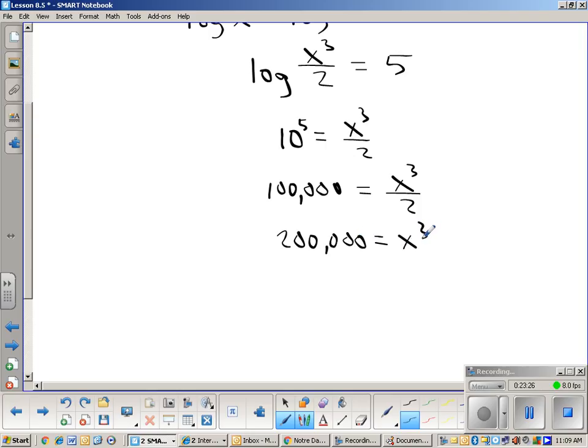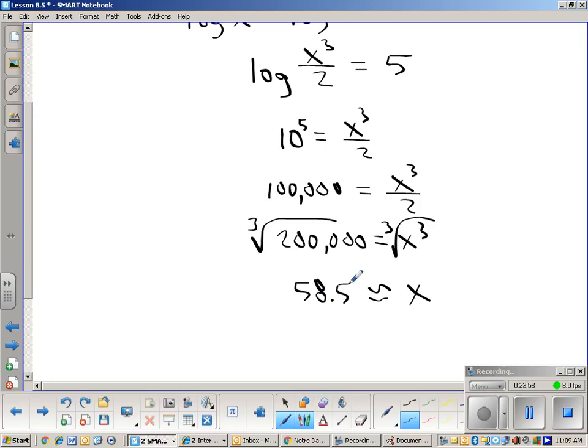Now what do I do to get rid of the cube? Cube root it. I don't think 200,000 is a perfect cube, is it? So x is about 58.5.